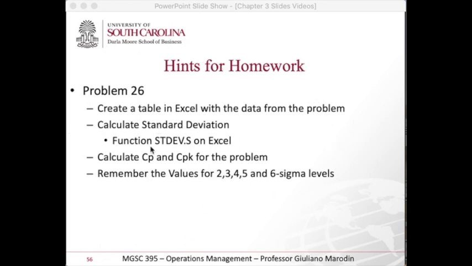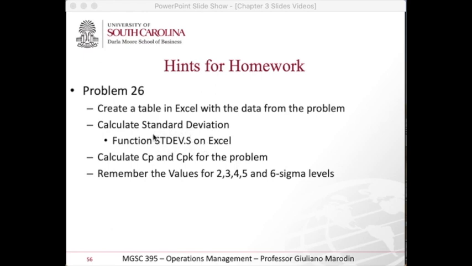Here are some hints for the homework assignment on Pearson MyLab. For problem 26, you have to create an Excel spreadsheet from the data: copy the data from MyLab and paste it into Excel. There is a symbol to do that. Then you have to calculate the standard deviation.